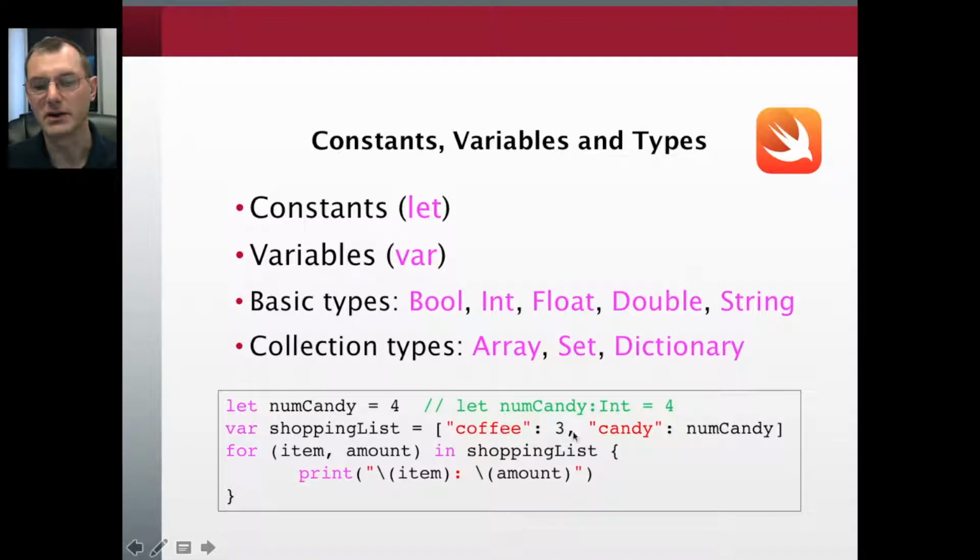The keys are coffee and candy, the strings, and the values are 3 for coffee and what will wind up being 4 for candy. To iterate over a collection, we use the for loop, and since we are here iterating over a dictionary, we have 2 variables here to take on the key and the value for each pair in the dictionary. And here we're just printing them out.